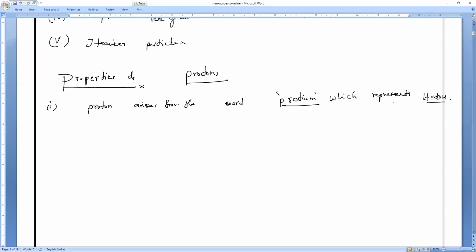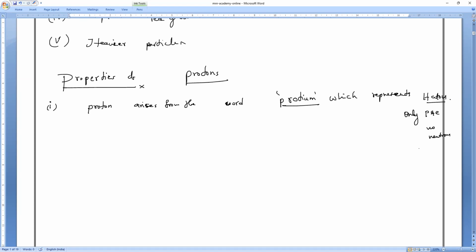Anybody can tell? Why hydrogen atom? Hydrogen atom has a specialty. I already told you yesterday also. What is the hydrogen atom's specialty, guys? It only has protons and electrons. Yes, it has only protons and electrons, no neutrons.